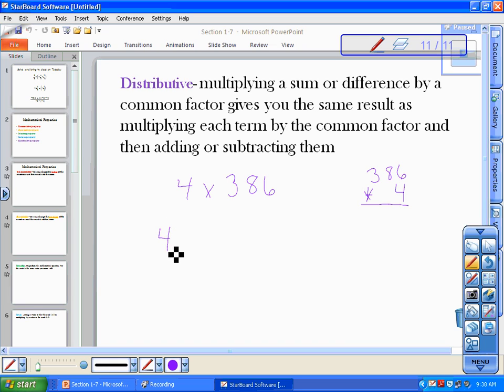What if, instead of writing 386 this way, we choose to write 300 plus 80 plus 6 and apply the concept of the distributive property? 4 times 300 is 1200, and 4 times 80 is 320, and then 4 times 6 is 24.